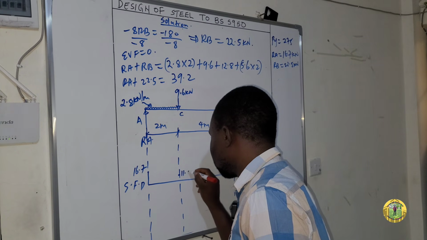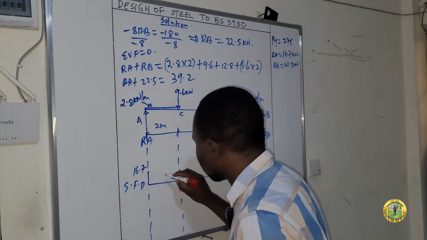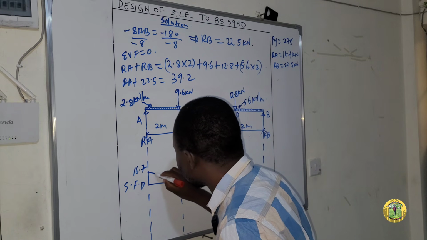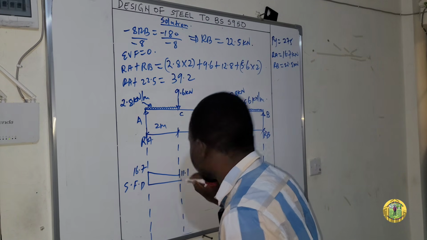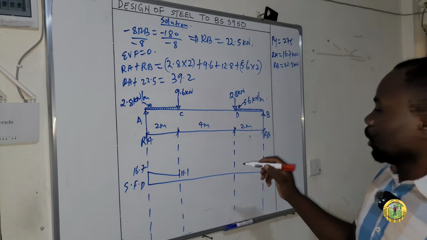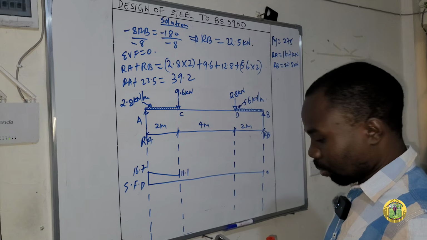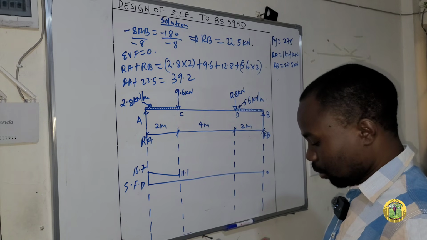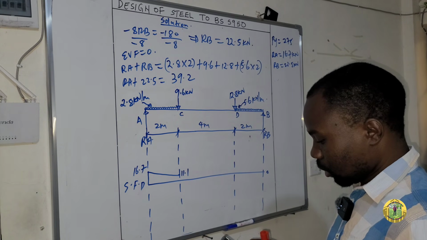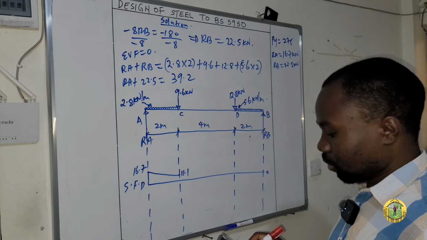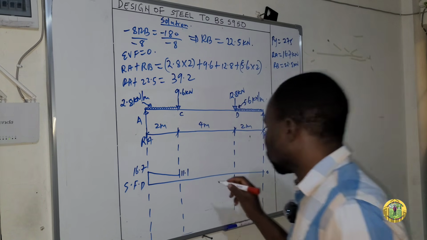So 11.1. You will draw an inclined line like this. And then 11.1 minus 9.6, you'll get 1.5.